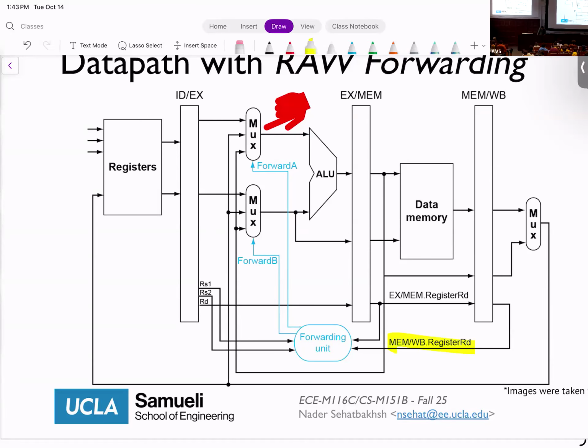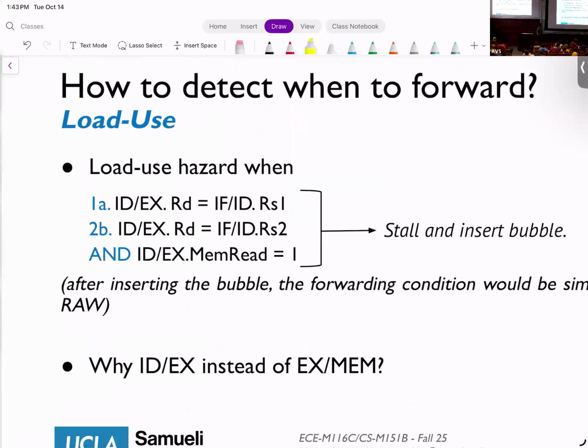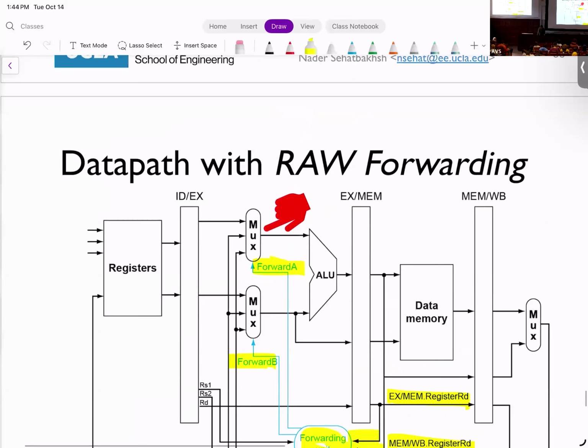Now you can actually follow along. What are these conditions? This is the forwarding unit. I'm introducing 2 control signals to the forwarding unit. And then for load use, you basically check RD and RS1, RS2, and you also check the mem read. So you check both of these, and then you do. But since you need to also stall, you have to check it during the decode stage.